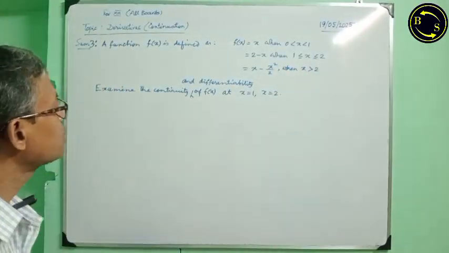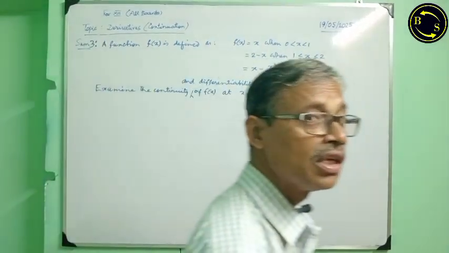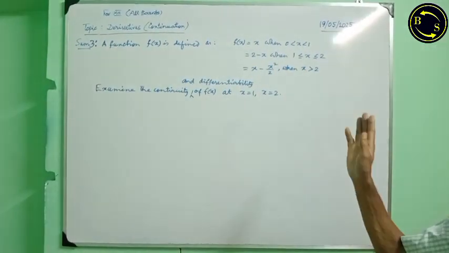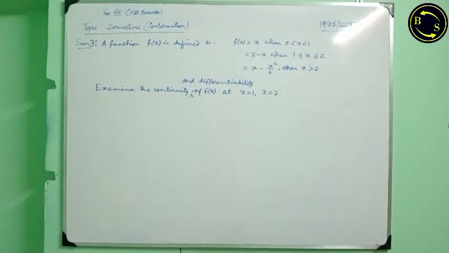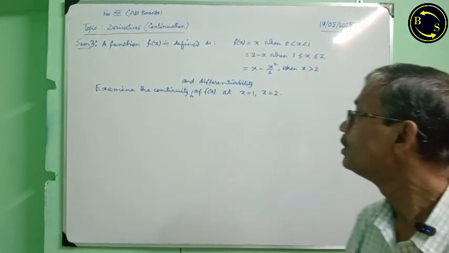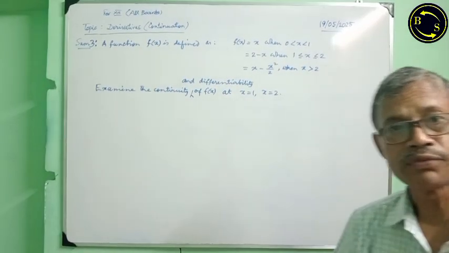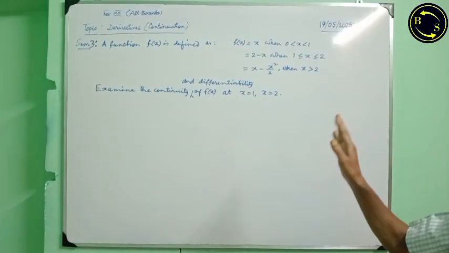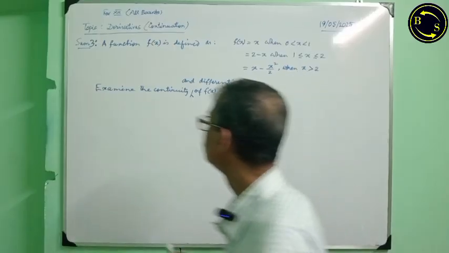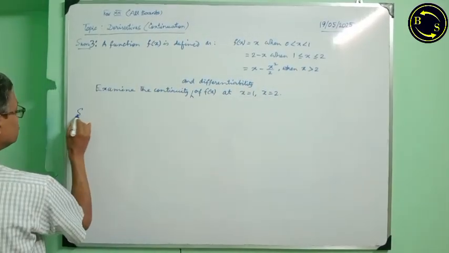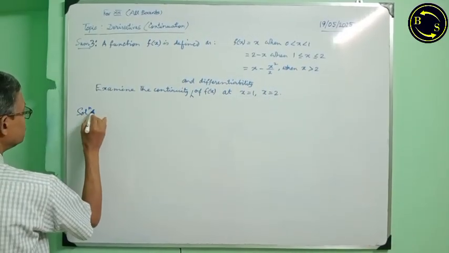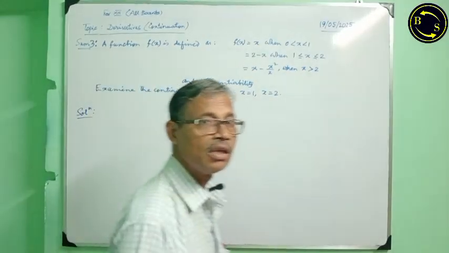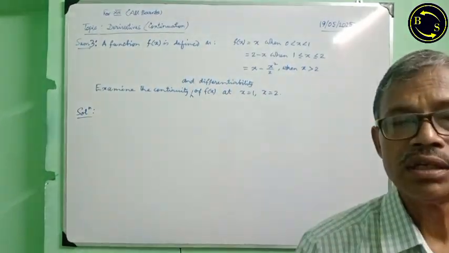Now I have chosen this sum to discuss the continuity and differentiability of this function. Actually, in our syllabus we have continuity as well as differentiability. I shall discuss both cases for this sum. For continuity, let us recall the condition.